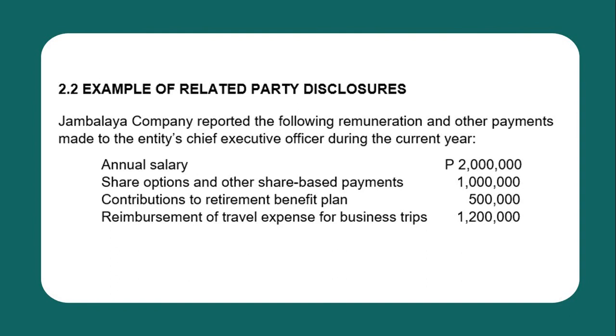Of course, that is included. Next, share options and other share-based compensation or share-based payment. This is one of the benefits of the chief executive officer. We also have the contributions to the retirement benefit plan. So this will also be included.